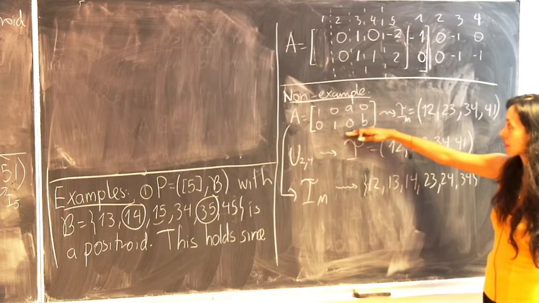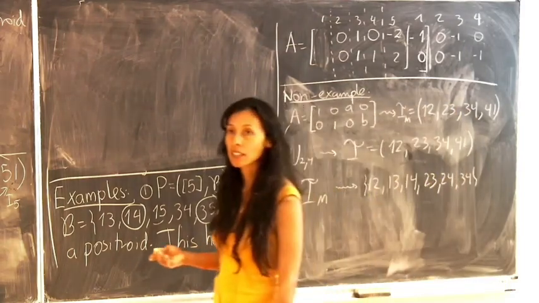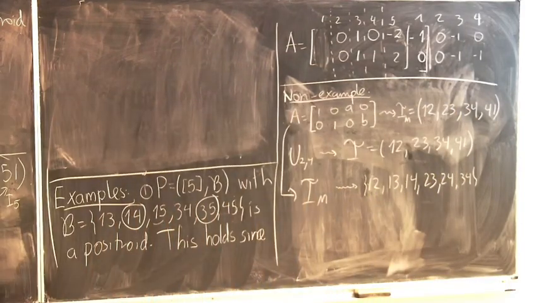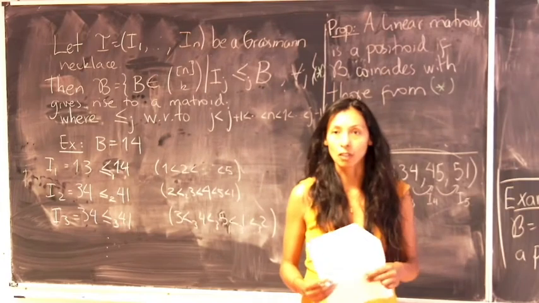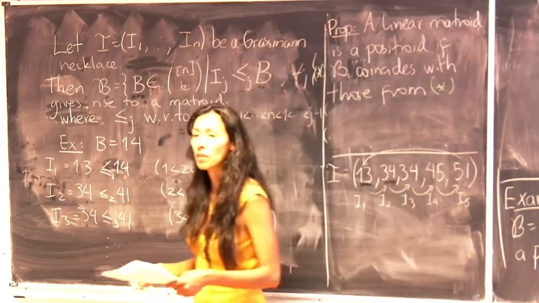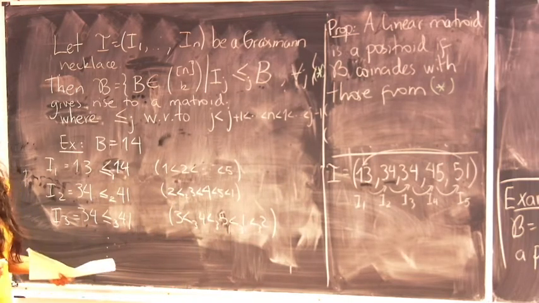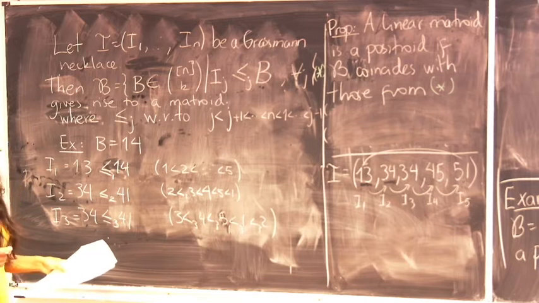The fact that this is not a positroid tells me that what I obtain from the Grassmann necklace is bigger than the collection of bases of the matroid itself. So that's another way of testing whether or not a given linear matroid is a positroid without having to come up with a matrix representation.